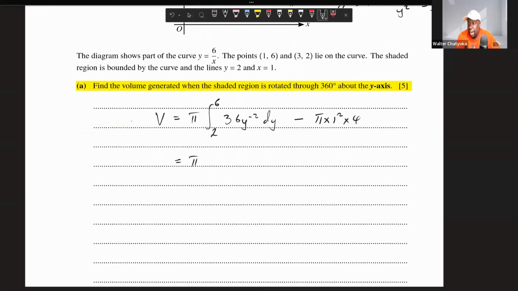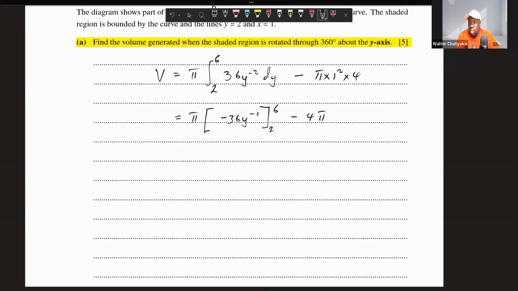So this is going to be pi times, and integrating this will give us minus 36y to the negative 1, from 2 up to 6, minus 4 pi. If we substitute 6, we will get minus 6, minus, if you substitute 2, minus 36 over 2 is minus 18.